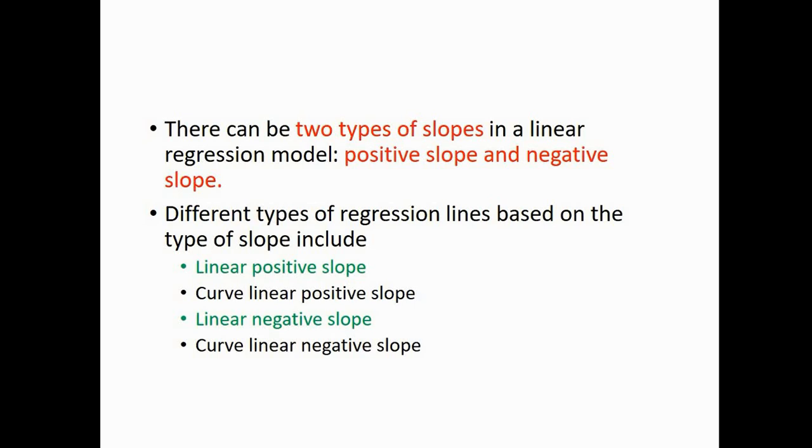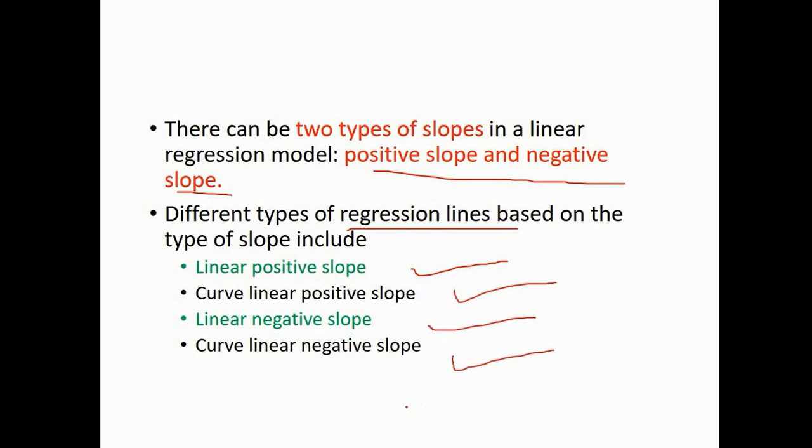There are 2 types of slopes in a linear regression model. One is a positive slope, another one is a negative slope. By combining these positive and negative slopes, we get different regression lines. The first one is linear positive slope, second curvilinear positive slope, linear negative slope, and curvilinear negative slope.